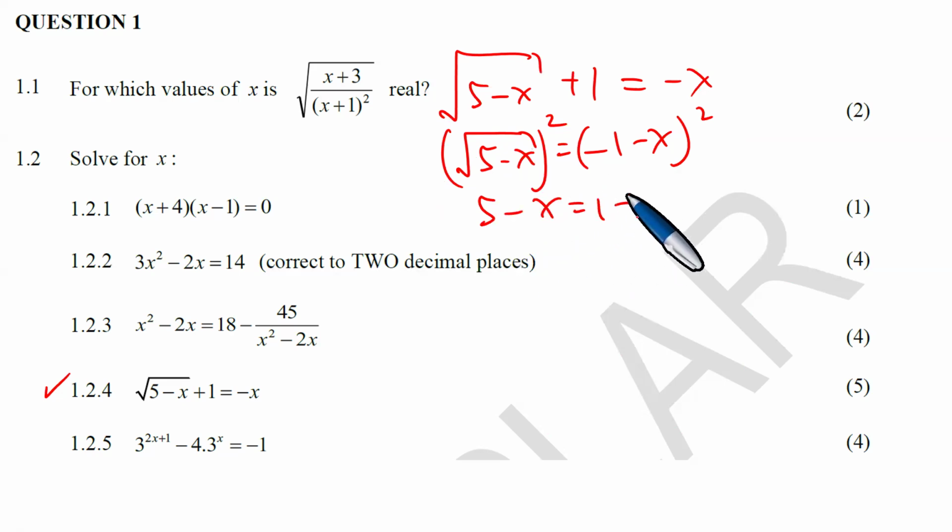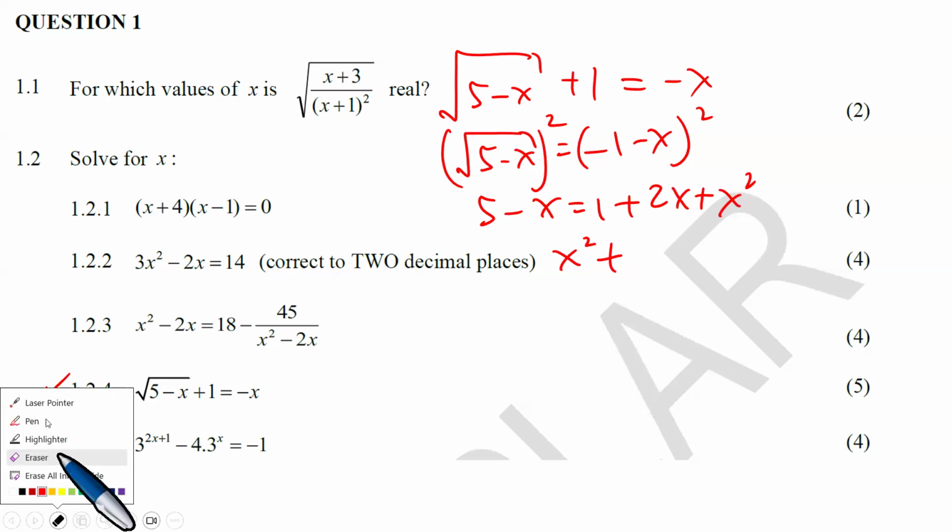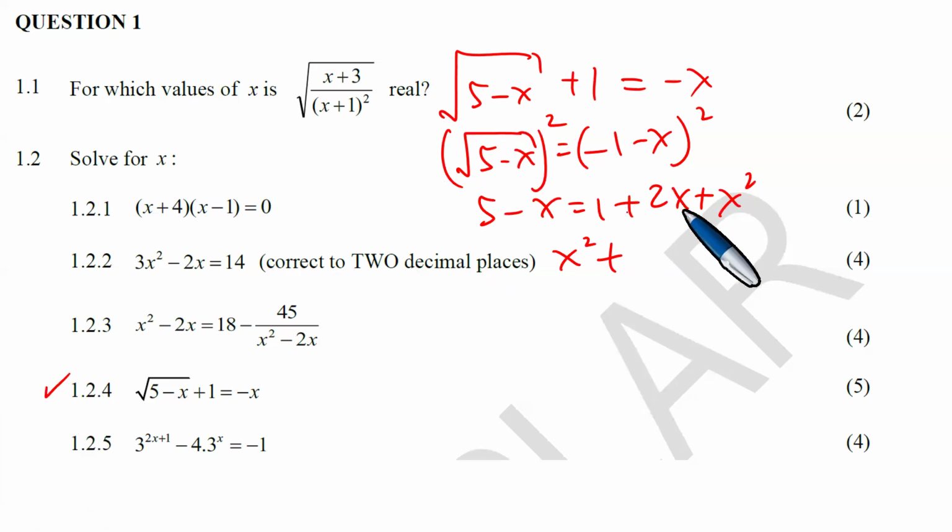You square this one: 2x plus x squared. We collect like terms: 2x plus x, which is 3x, and 1 minus 5, which is minus 4, equals 0.